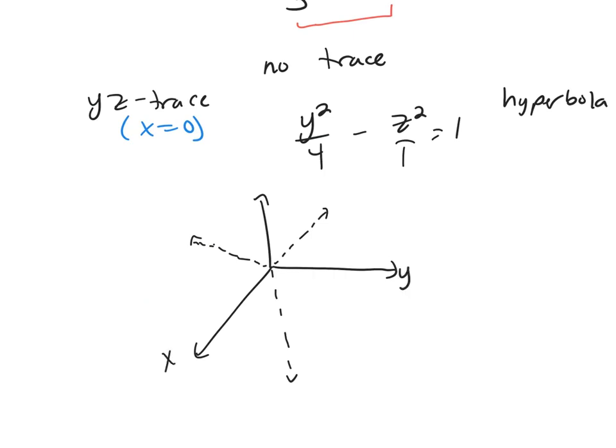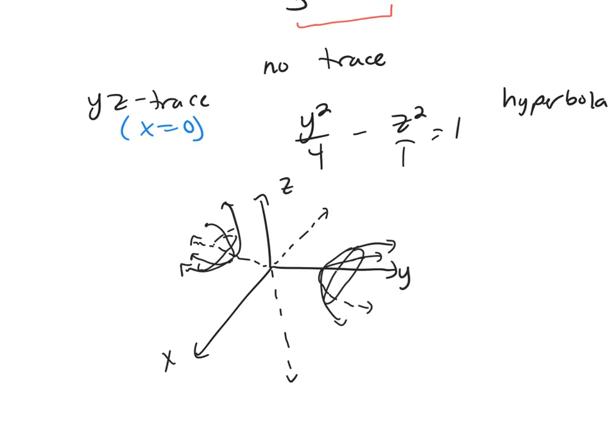Here's X, Y, and Z. So I have what looks like hyperbolas going this way. But then also in the YZ plane, I have hyperbolas as well. So it's looking like we're getting these kinds of shapes here. So in the YZ direction, I have hyperbolas as well.